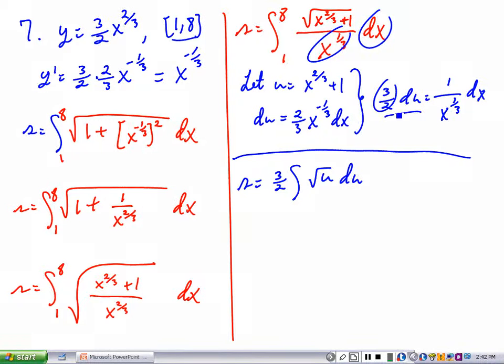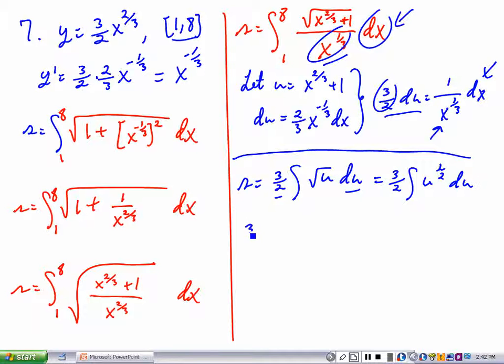Now the du times the 3/2 gives me this x to the 1/3 downstairs. There it is. And the dx right there. So I've represented everything now in terms of u and du. And so we simplify this. Look, this is 3/2 times the integral of u to the 1/2 du.